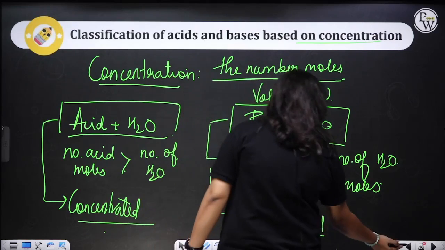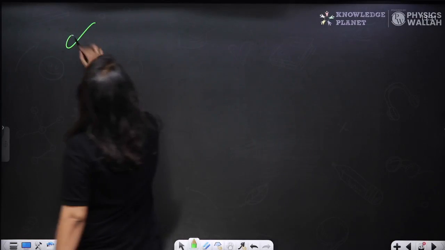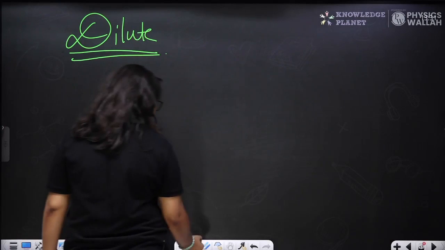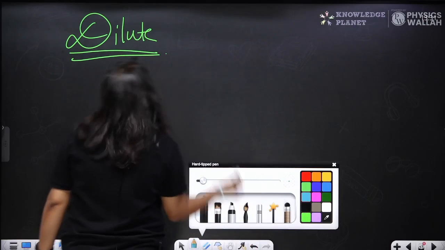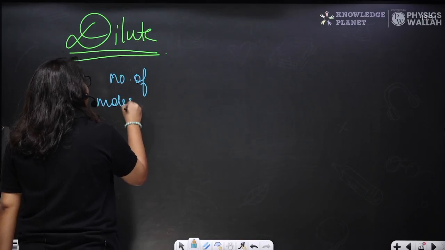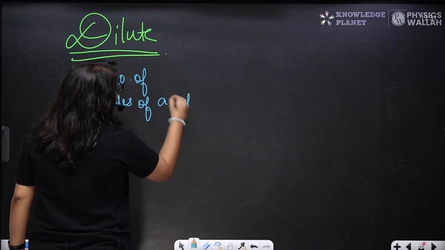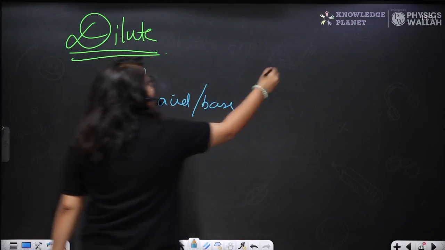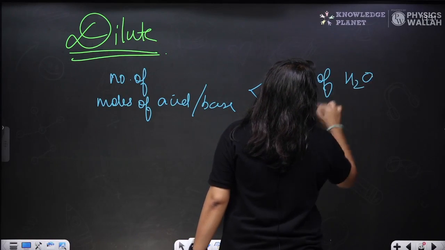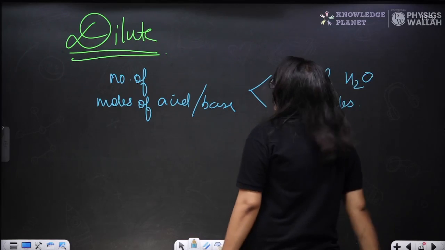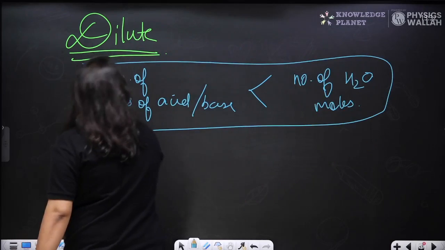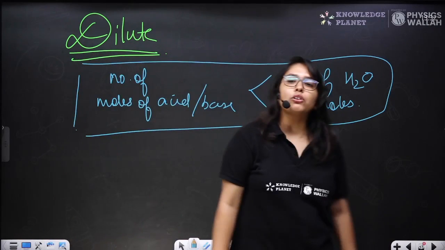Talking about dilute. Dilute is the reverse. That is, the number of moles of acid or the base is less than the number of water molecules. Okay, so this is about concentrated and dilute.